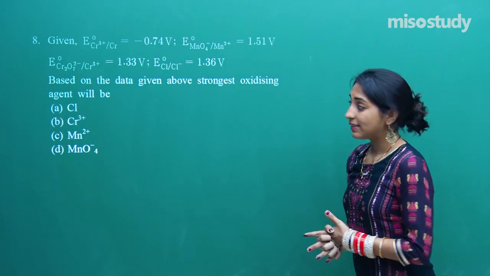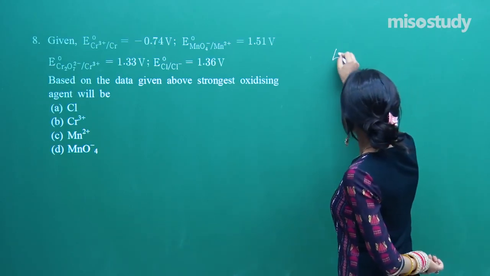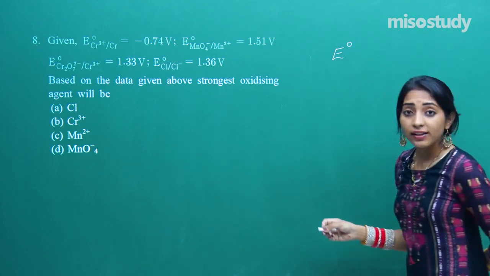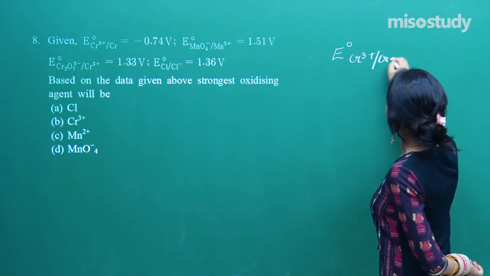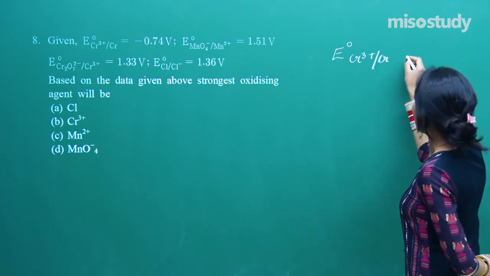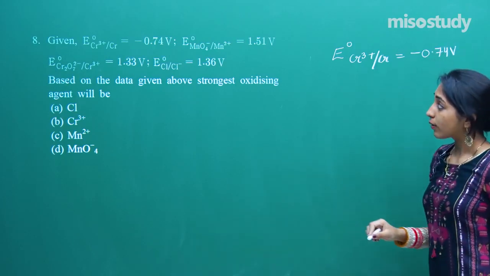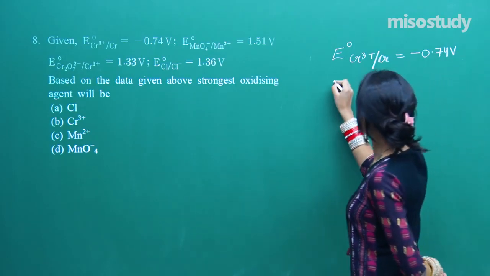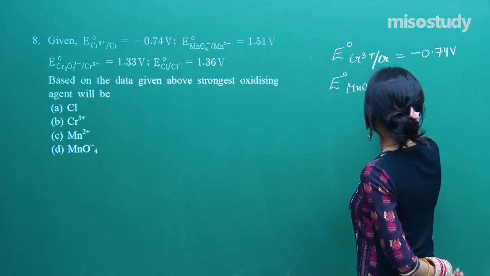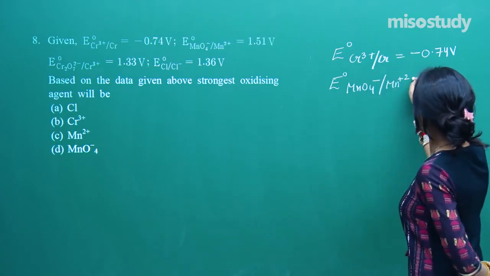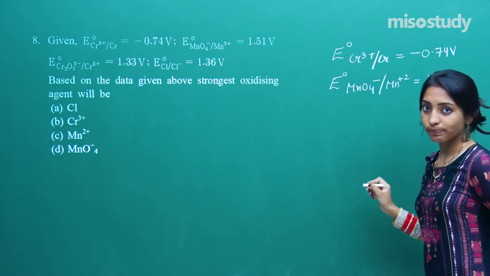And the question number 8 says that you are given the values E naught of Cr3 plus to chromium. So the reduction potential of chromium is given and this is minus 0.74. Okay, moving further, E naught of MnO4 minus to Mn2 plus is given to be 1.51 volts.